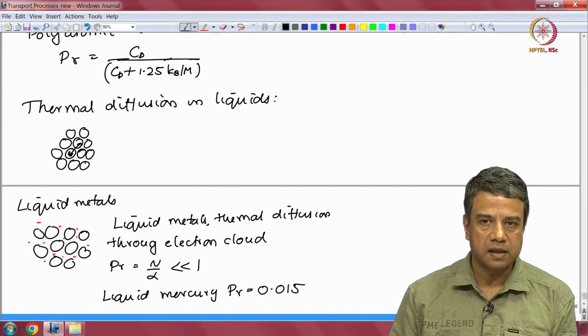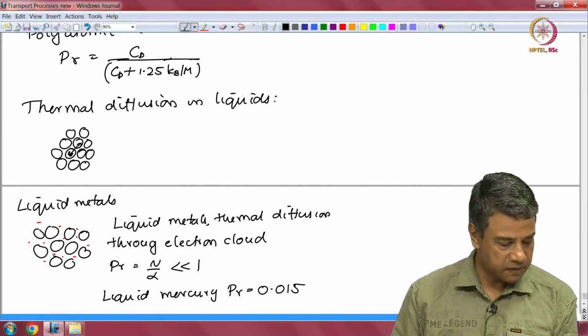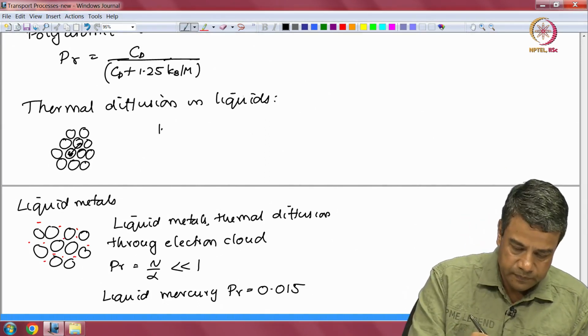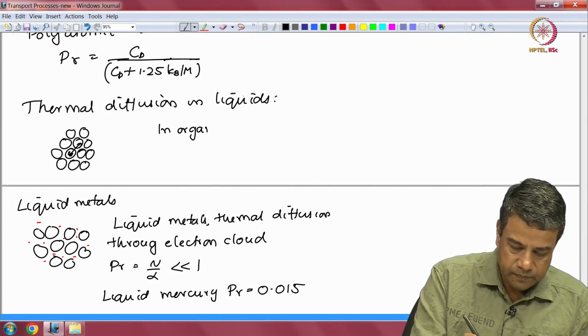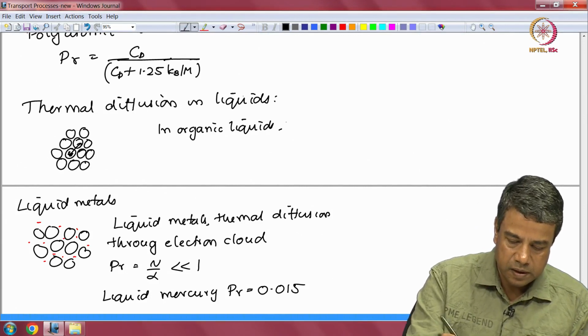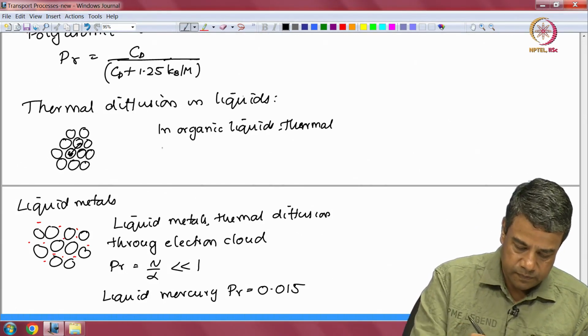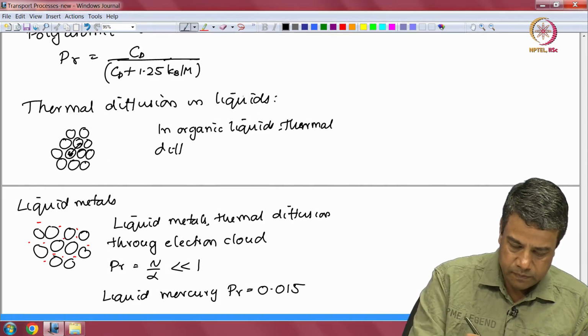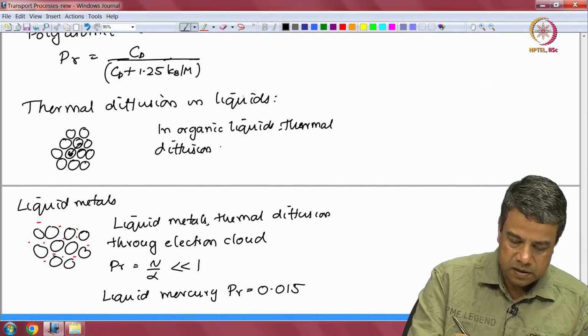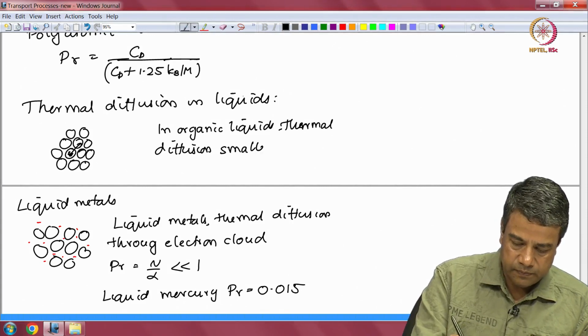In the case of organic liquids, where you do not have easy transport of energy, thermal diffusion is smaller than momentum diffusion.